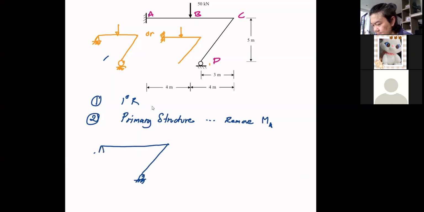Now I am going to have this as a consequence. I will have theta A. And this is, oops, that's not 1, that's 50. Why did I write 1? That's 50. Okay, so this is the actual case, the actual load case.